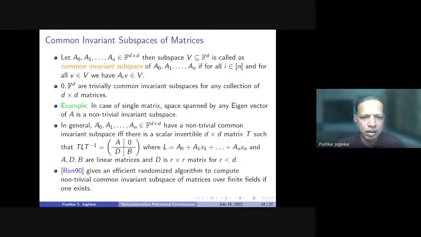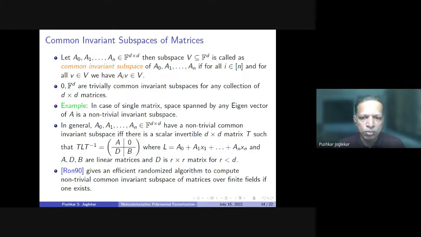In general, matrices A0 to An have a non-trivial common invariant subspace if and only if, under some basis change, we can transform the linear matrix L to the block form shown on the slide, which has 0 as the top right block, and that block has non-trivial size, where L is the matrix obtained from A0 to An, simply sigma AiXi plus A0.